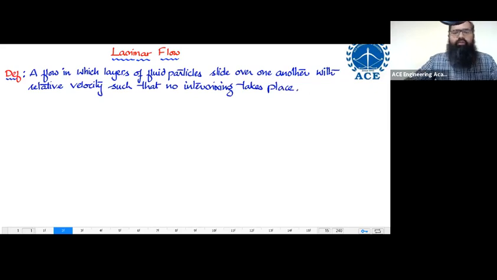In laminar flow, intermixing of fluid particles is not allowed. So this is the definition of laminar flow we are having.